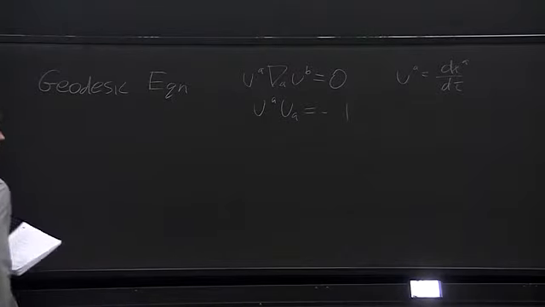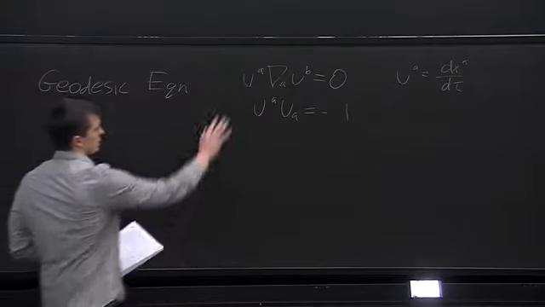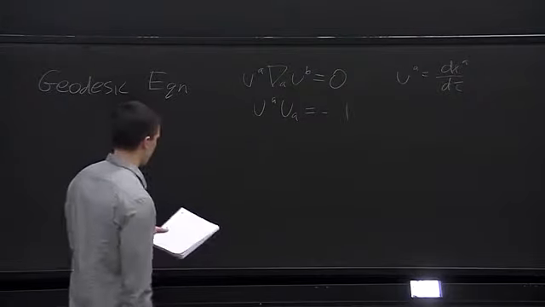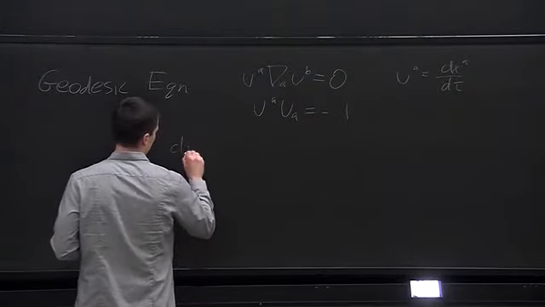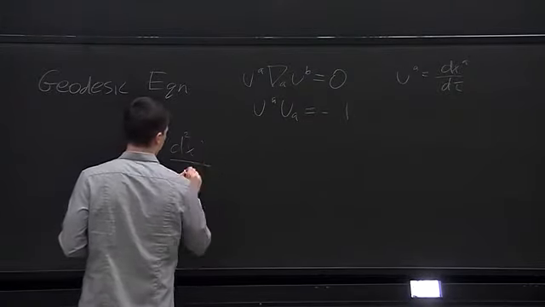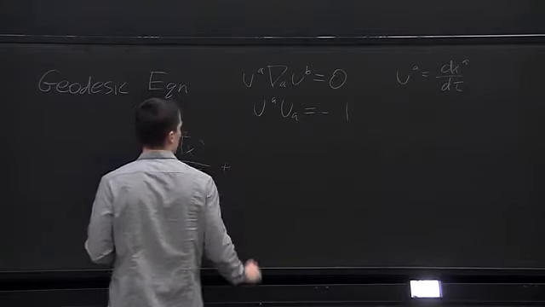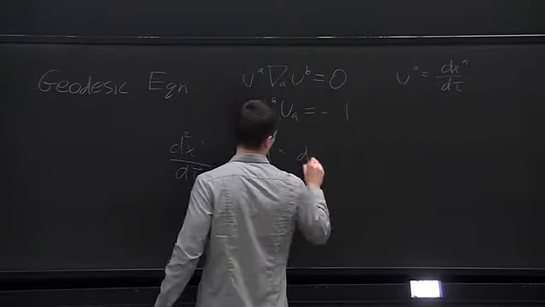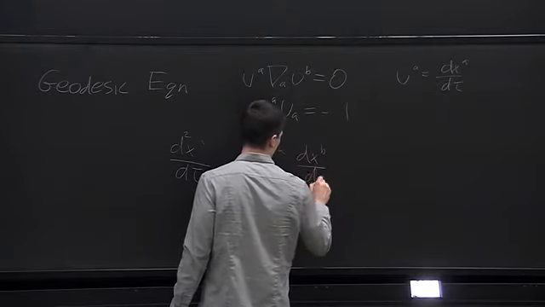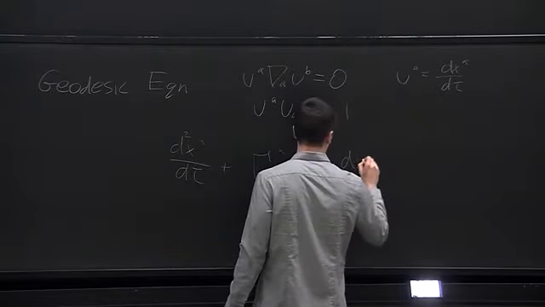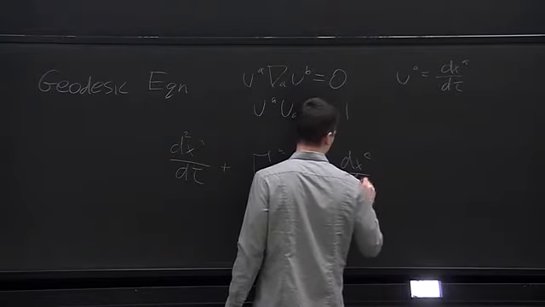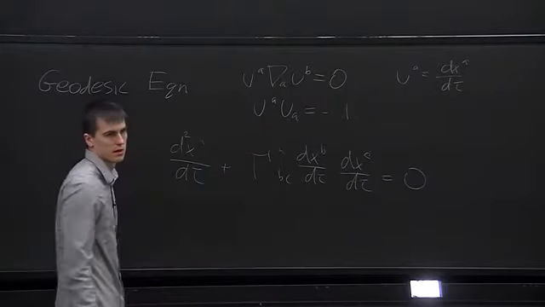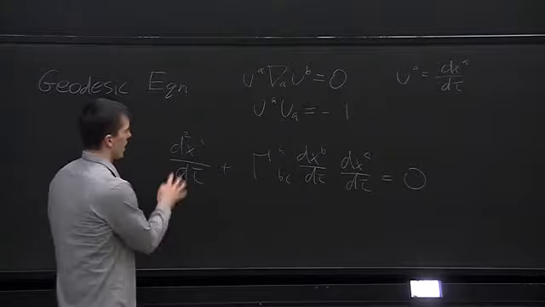In a generic setting, this equation would give us a second-order equation for the position of the particle. We just write it out. It would be this, so it involves second derivatives of the position with respect to proper time.